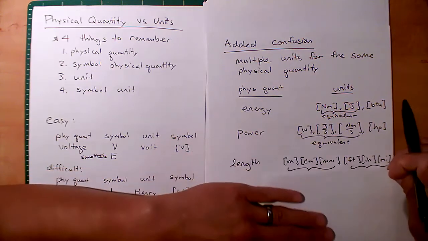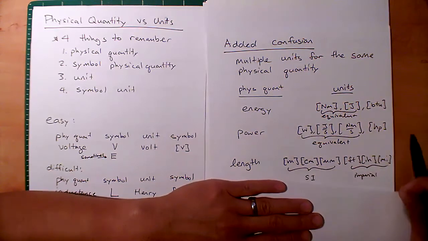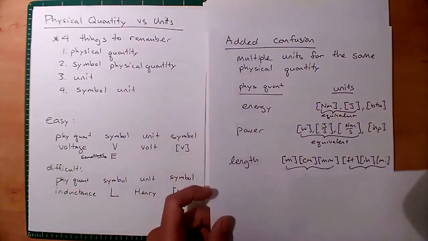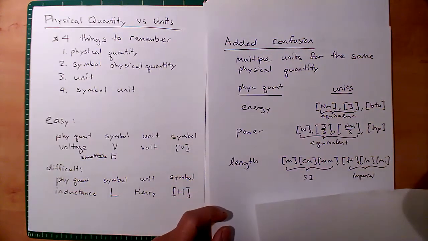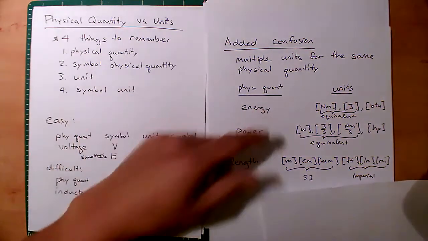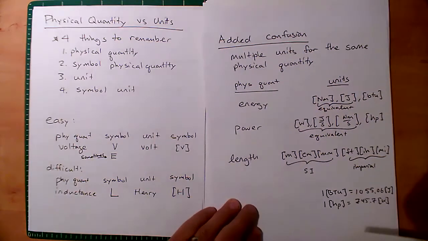Length, we already talked about: meters, centimeters, millimeters, feet, inches, miles. Imperial and SI systems. So this is fundamental stuff you should know, but I'm highlighting it because as we add more physical quantities, I want to make sure you're memorizing all four of these things.